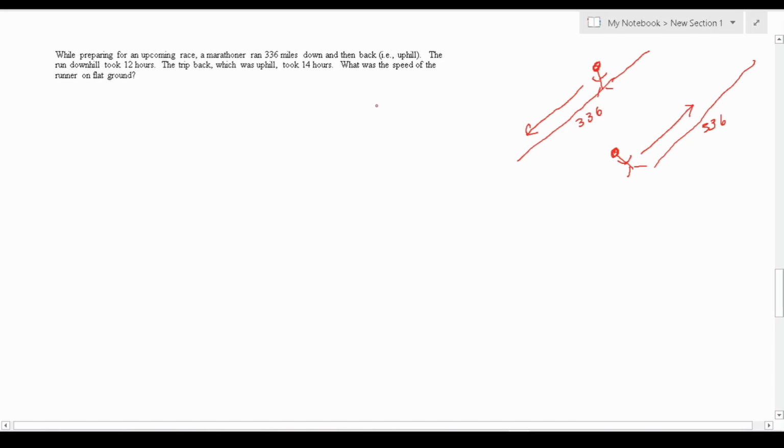And like in the problem where we were trying to solve the rate of the speed of the boat in still water, we're going to have to make use of the distance formula to solve this question. But before we do that, let's go ahead and talk about how the gradient, which I'm going to call G, affects the runner in terms of what we need to set up this equation algebraically.